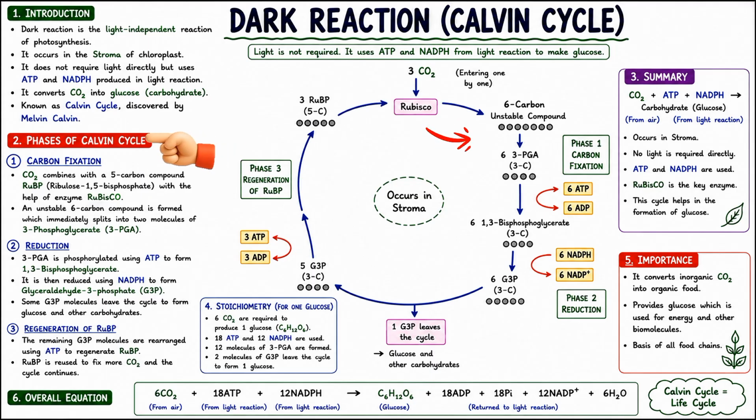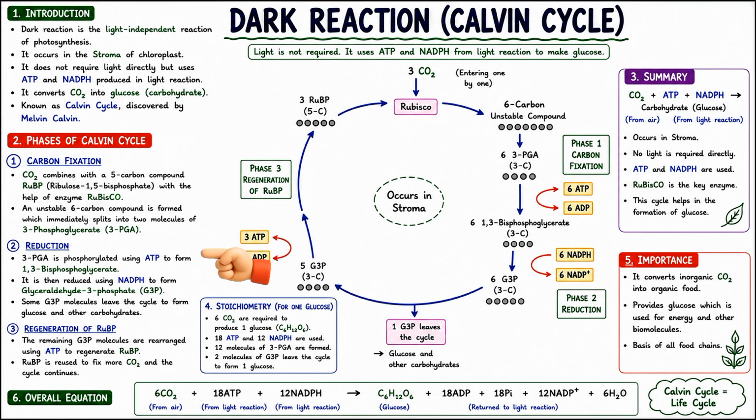Because it is unstable, it immediately splits into two molecules of 3-phosphoglycerate, 3-PGA. Since 3 carbon dioxide molecules enter the cycle, a total of 6 molecules of 3-phosphoglycerate are produced.